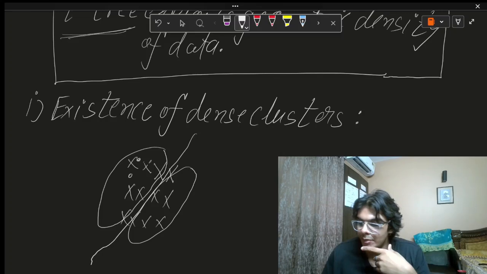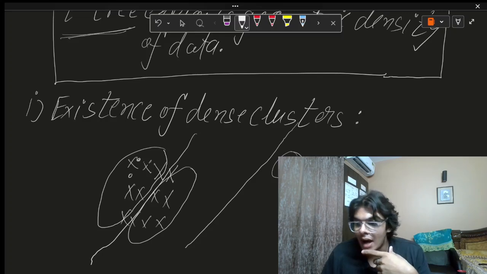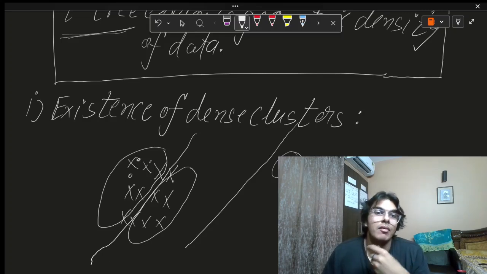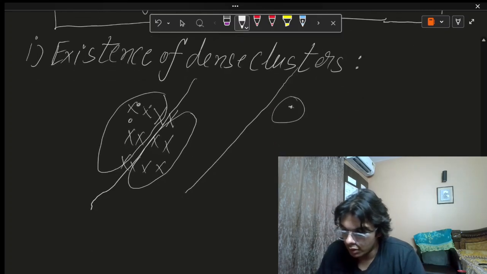The anomaly will be something like here, because when it makes the correct split, which is something like this, it will understand that this is where the dense clusters are lying and this is where the sparse cluster or the isolated point is lying. So this is why the existence of dense clusters also makes our random splits very powerful. Very important.